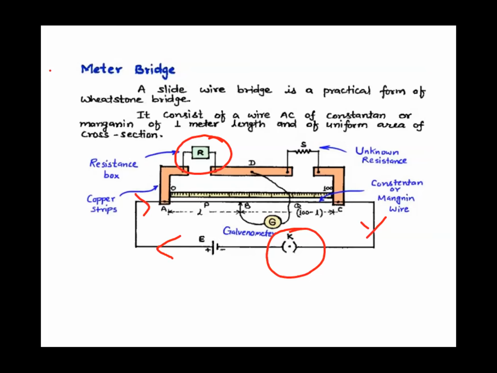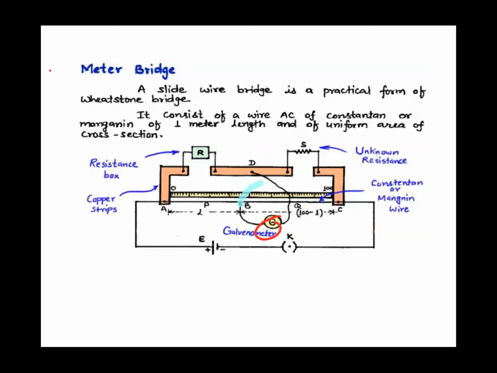Right children? Removed? Okay. Now what we are going to do? After removing the suitable resistance from R, we are going to move the jockey. From here the galvanometer is connected and this is your jockey.